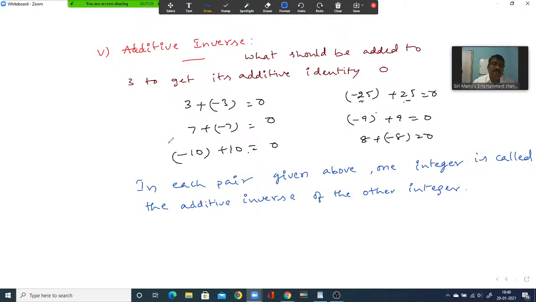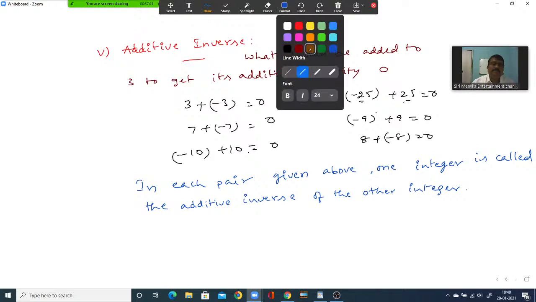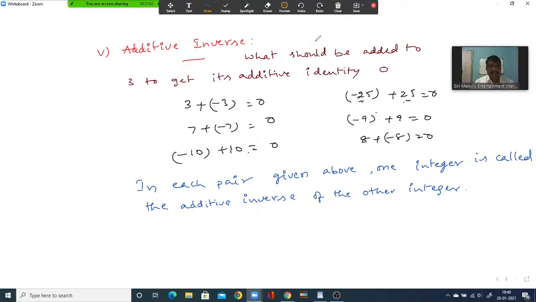So in general, for any integer a there exists an integer minus a such that a plus minus a is equal to 0. That is, for an integer a there is an integer, which is minus a.